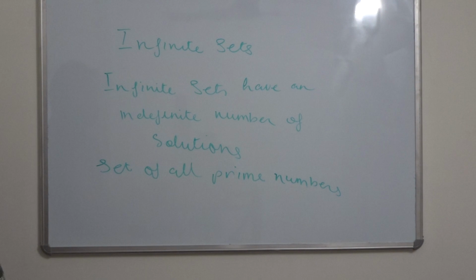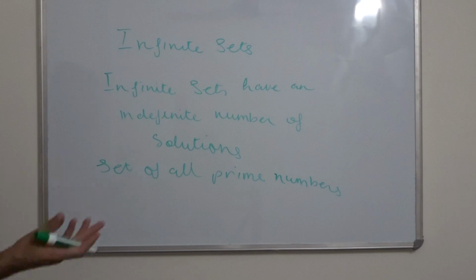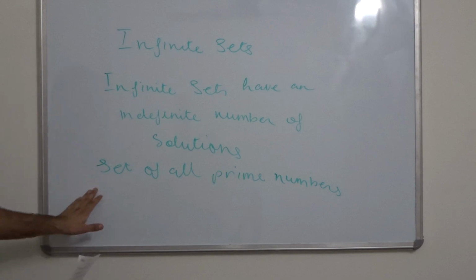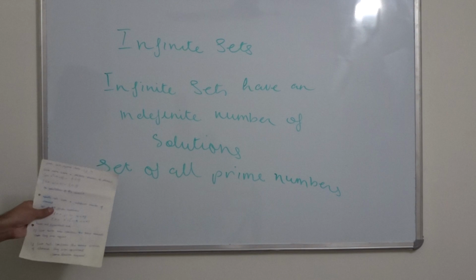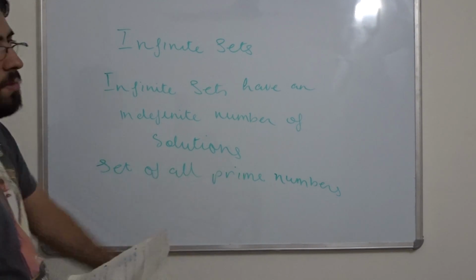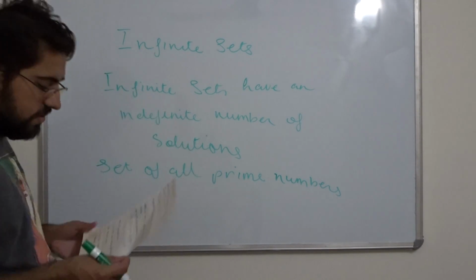We just don't know all the prime numbers. Why? Because you can just add one to the multiplication of prime numbers. All in all, you all know there are an indefinite number of primes, so that is why the set of all prime numbers is an infinite set.